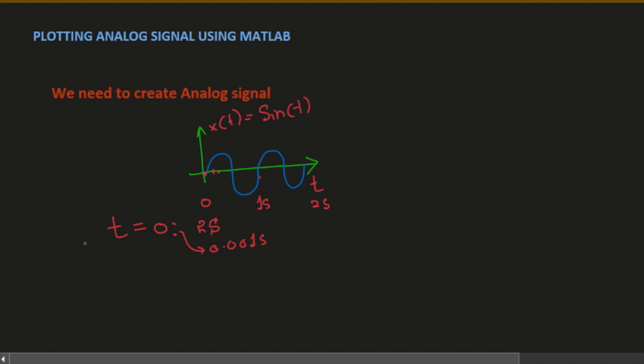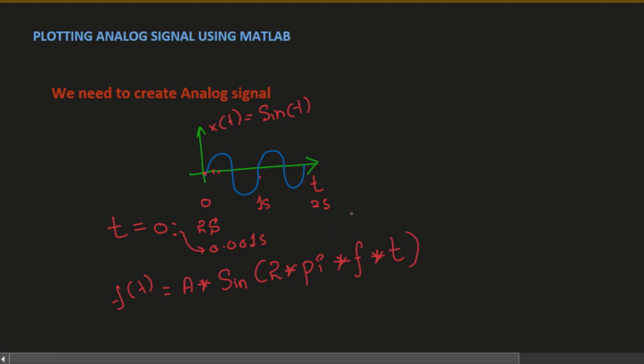Usually the sine wave f of t will be represented as amplitude A into sine of 2 pi f t, where f is the frequency.